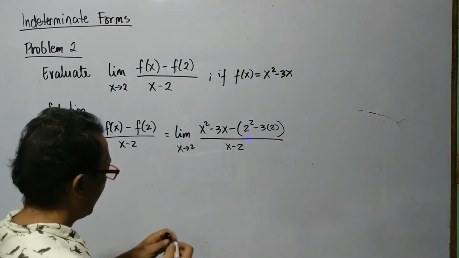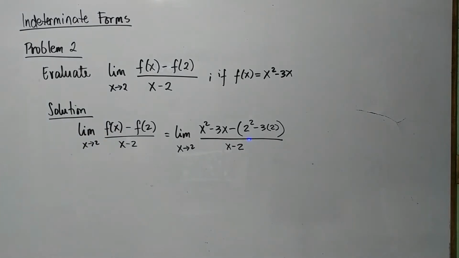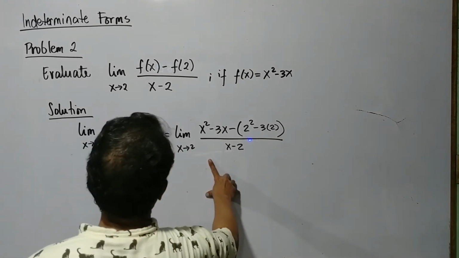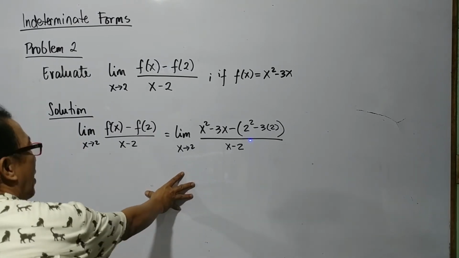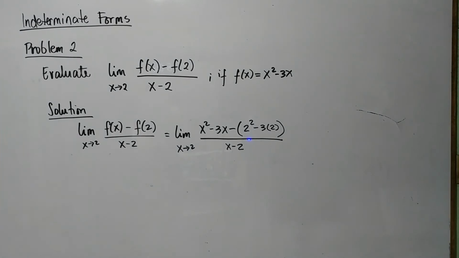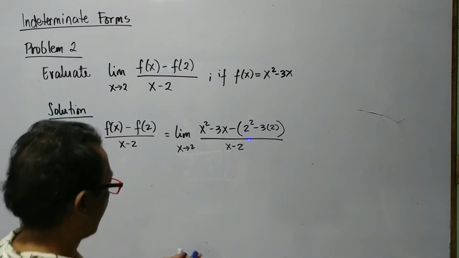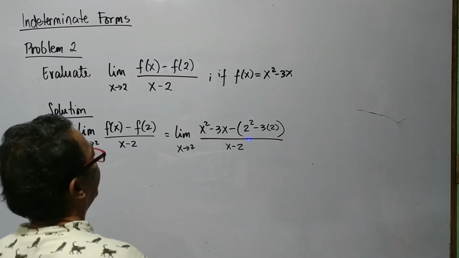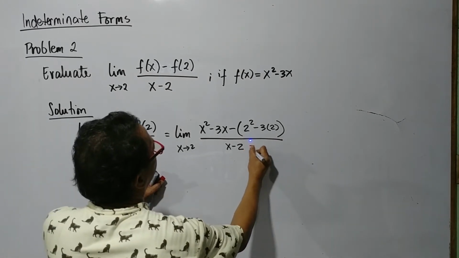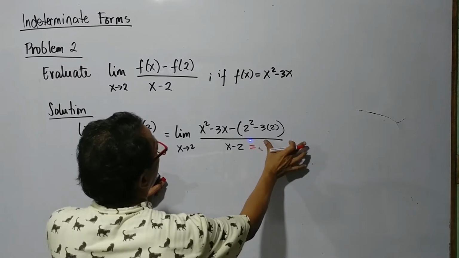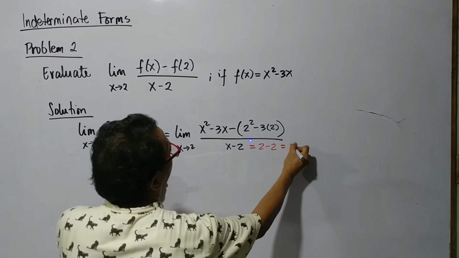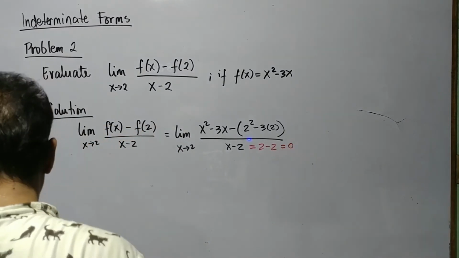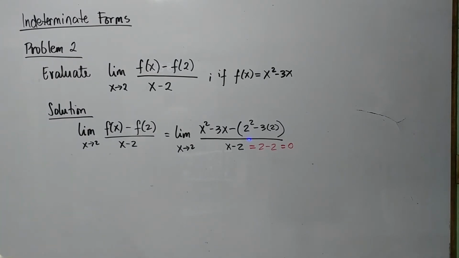As you notice, if you substitute x equals 2 as x approaches 2, you have a denominator of 0. So what happened?